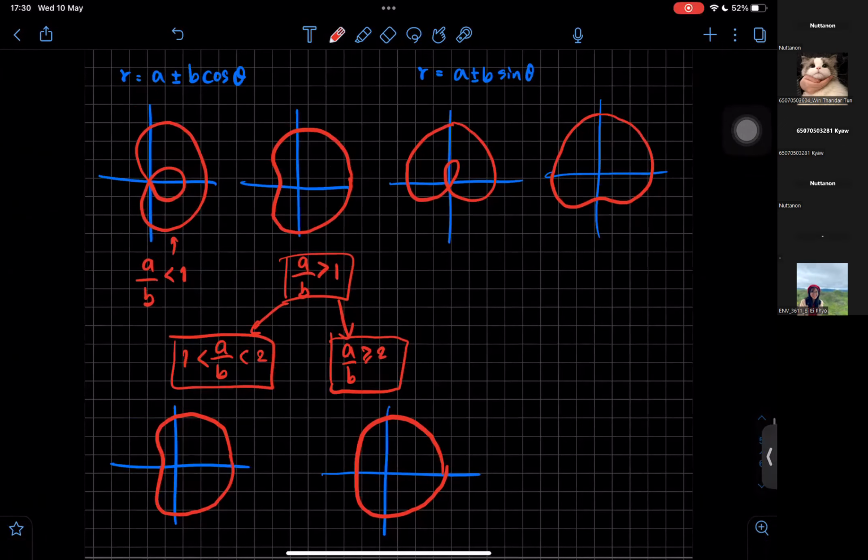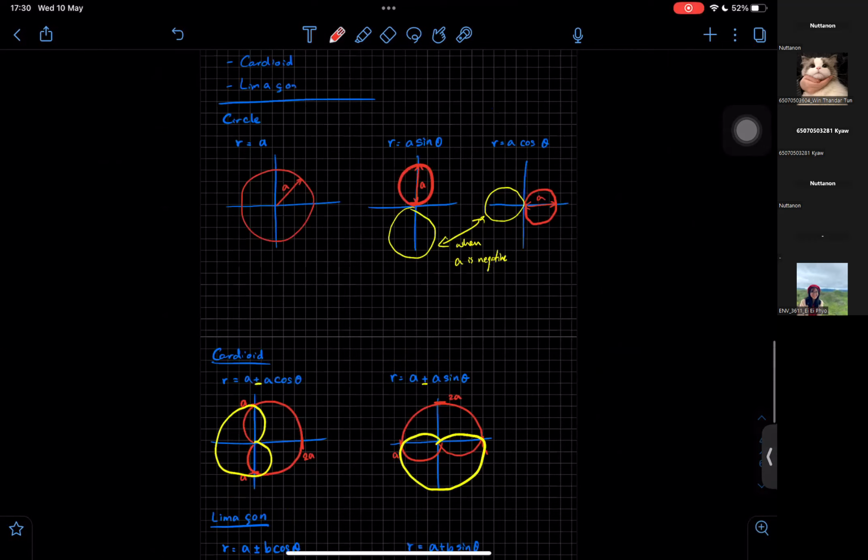Okay. And this is all for A plus B cos theta. If it is minus, then you flip. If it is sine, it's up and down. If it is cos, then it's left and right. So do you have any question about this one?